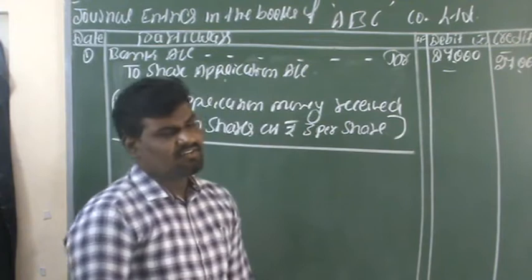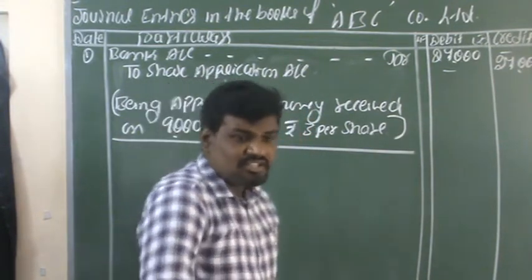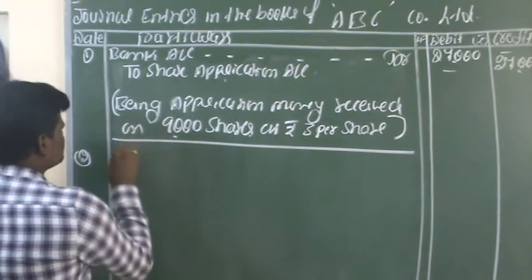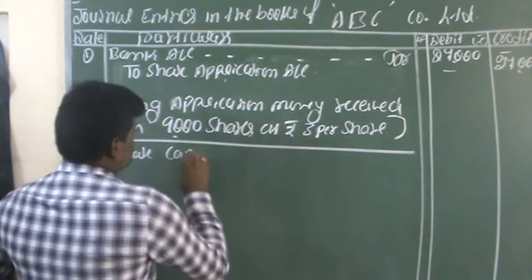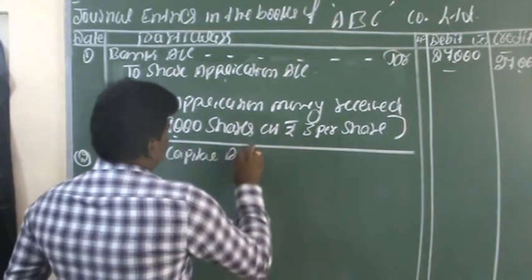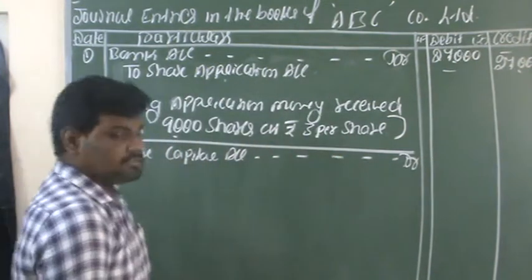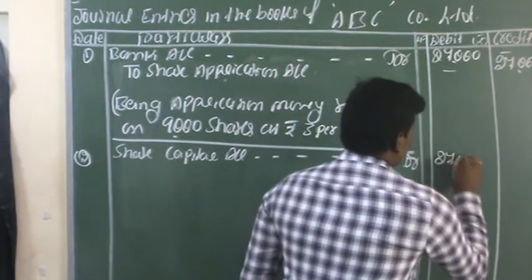After that, the next entry: whatever application money was received by the firm, this application money is transferred to share capital account. The second entry, share application account debit to share capital account, 27,000 rupees.